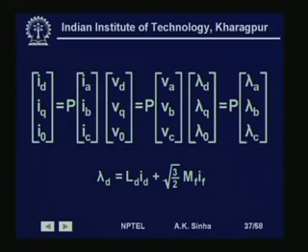So, the current dq0 can be got by multiplying this transformation matrix with the phase values. Same thing for the voltage, dq0 can be obtained by P multiplied by the voltage, and same thing for the flux.